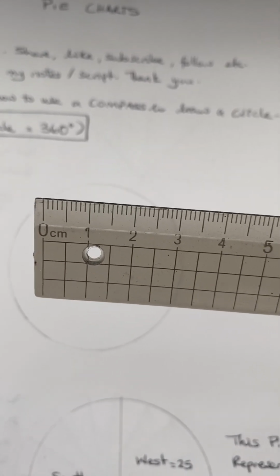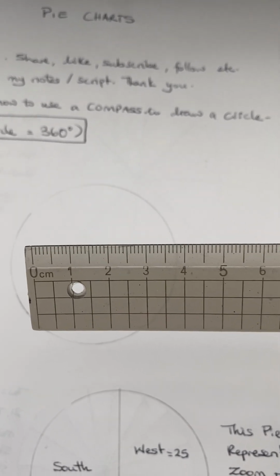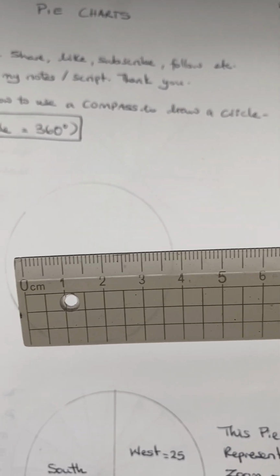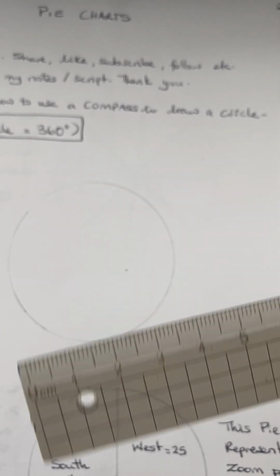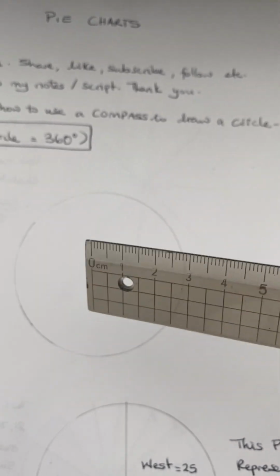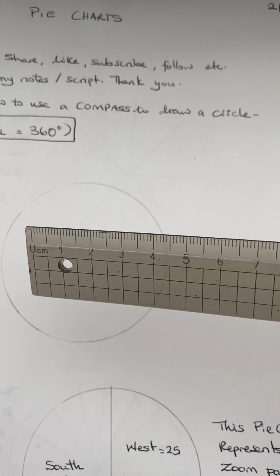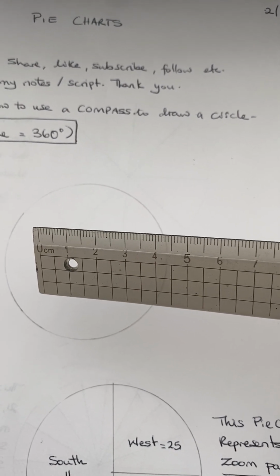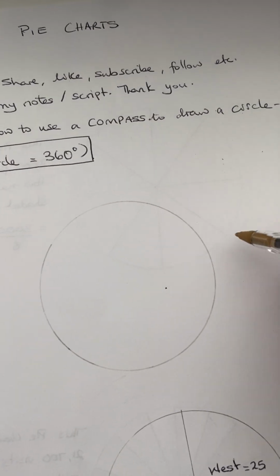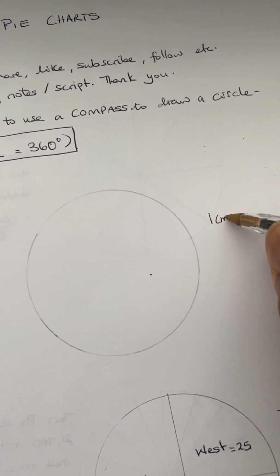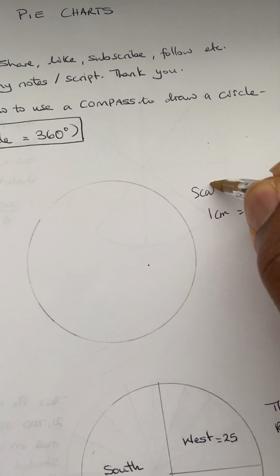But if it is in meters, you can do a scale of 1 meter to 1 centimeter. So the examiner knows that even though you've measured 2 centimeters, your scale is 1 centimeter to 1 meter. What I mean is you can write 1 centimeter equals 1 meter as your scale.